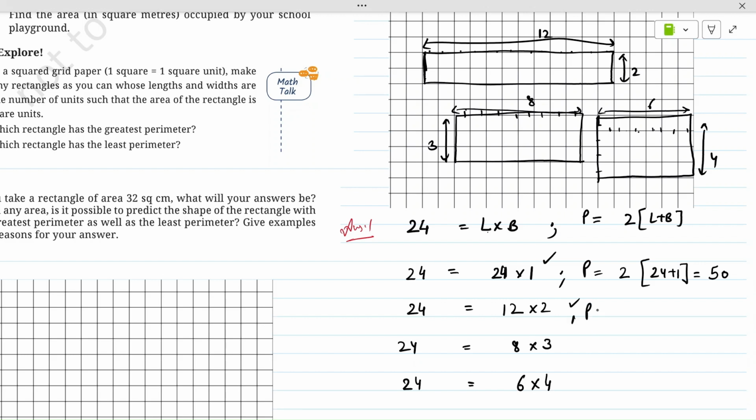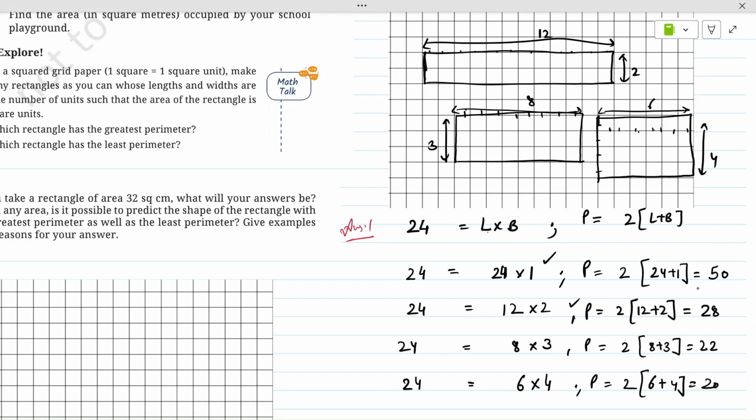Next, again 2 (L plus B), that is 12 plus 2, 14, into 2, 28. Next, 2 into (8 plus 3), 8 plus 3 is 11, into 2 is 22. And the last one is 2 into (6 plus 4), 6 plus 4 is 10, into 2, 20.